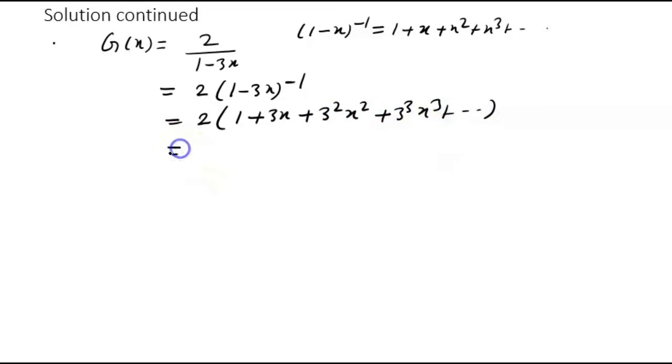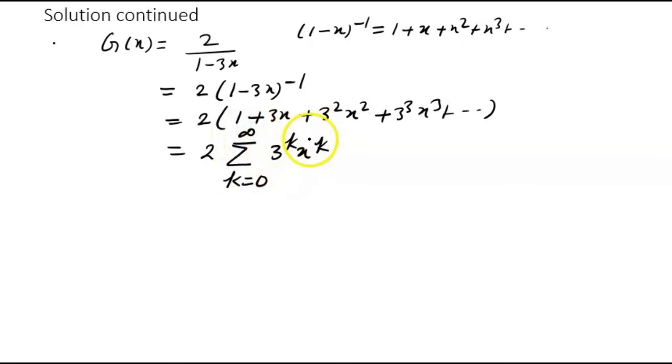So basically if you write this in the summation form, this will look like what? This is twice of, what should I write here? So you see you are getting x to the power k, and here you can take 3 to the power k, and then you can take k vary from 0 to infinity.